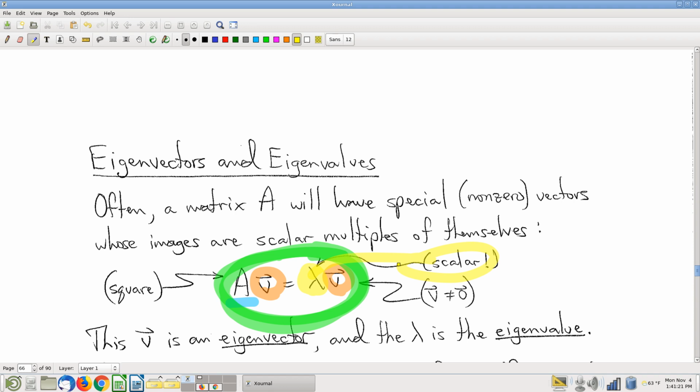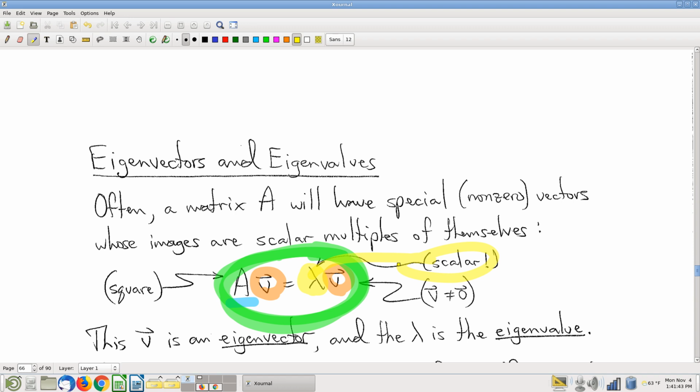Now, you might look at something like this and think, all right, well, coincidences happen, and so what, right? And that would be a reasonable and understandable point of view to take right now. But again, as I hinted before, it turns out this is actually really important. Why it's important, we'll start to see the beginnings of that on Wednesday.